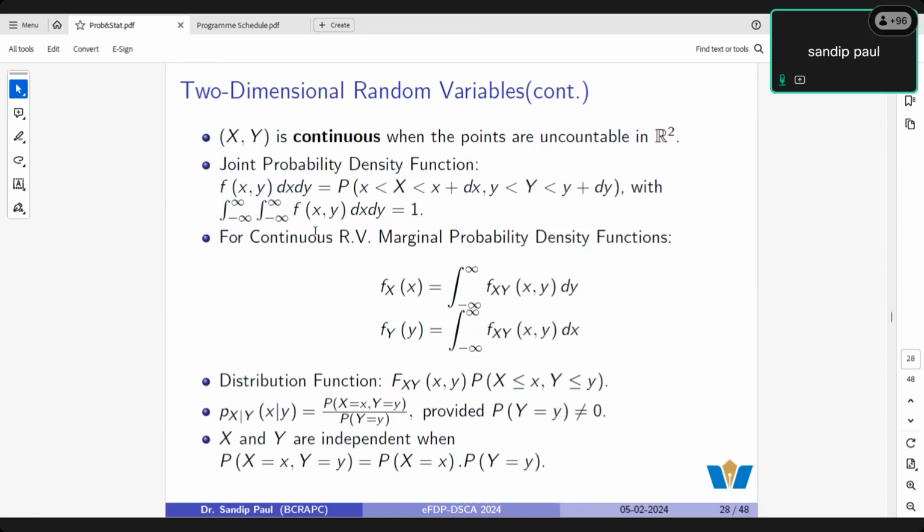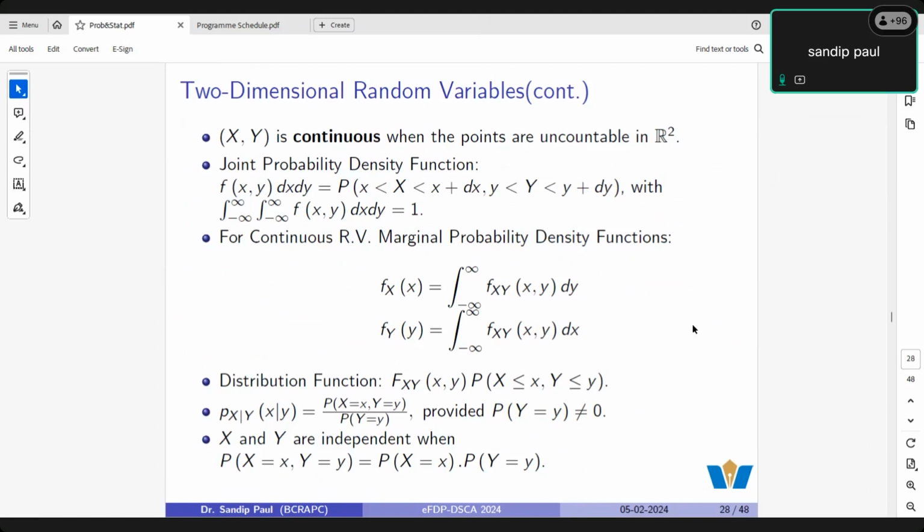Similarly, if we integrate over all x and y, we'll get the probability as 1. So this is the sum of the probabilities at all points in the R2 plane. So it is always 1.